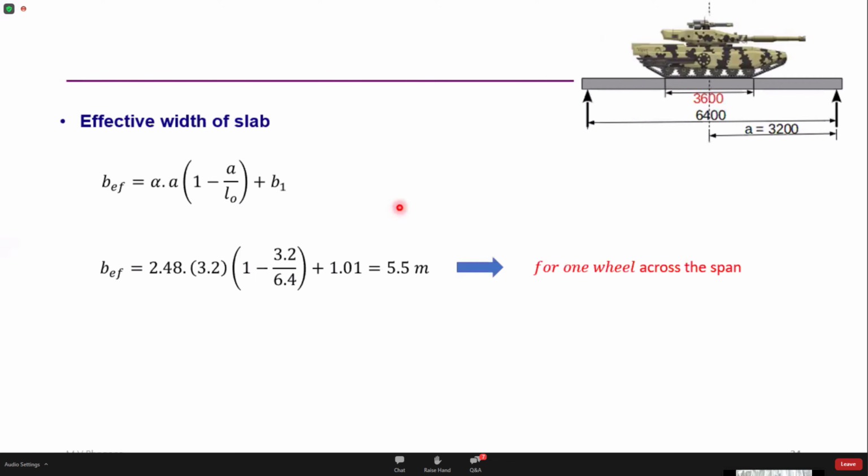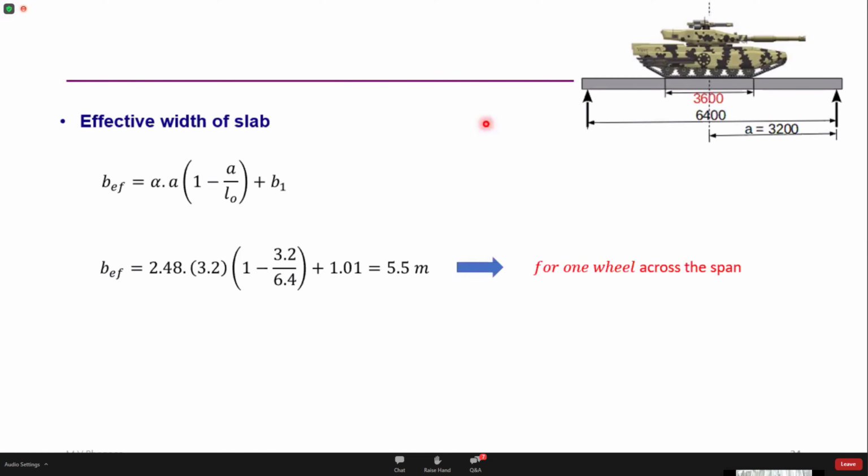For that I'm going to use this expression, B effective. The alpha value I can calculate from the B by L ratio, and that works out to 2.48. Then what is this A? A is 3.2 meters. A is the distance of the CG from the nearest support, so this works out to 3.2.